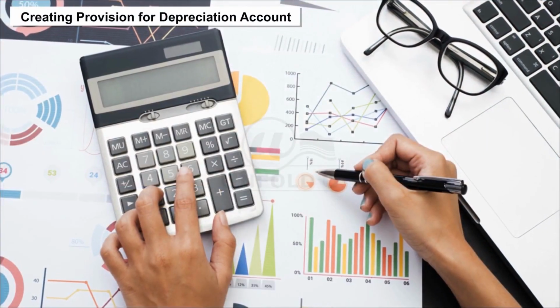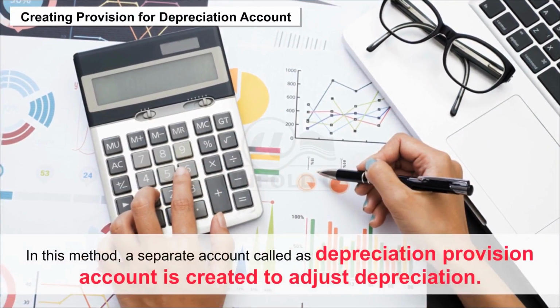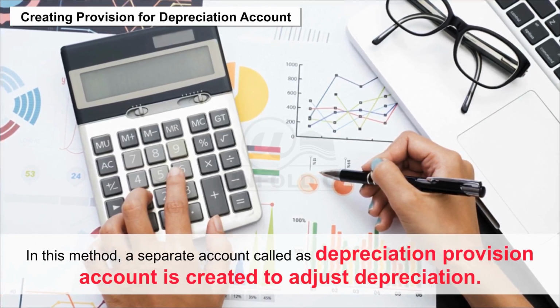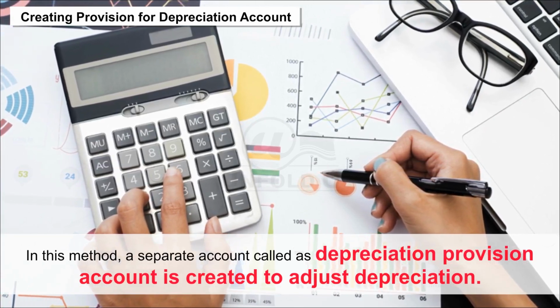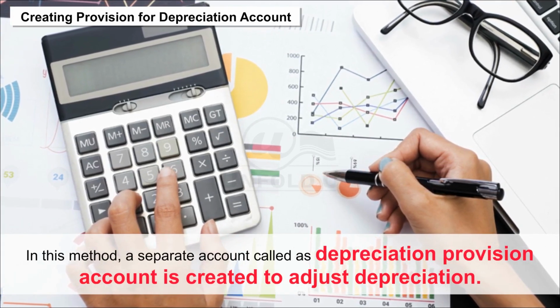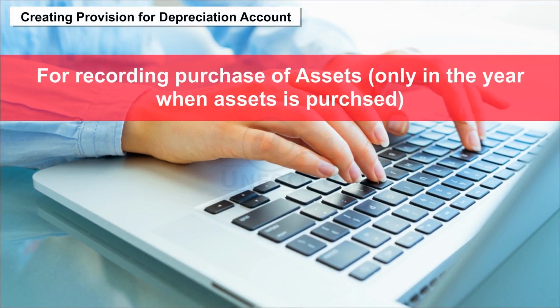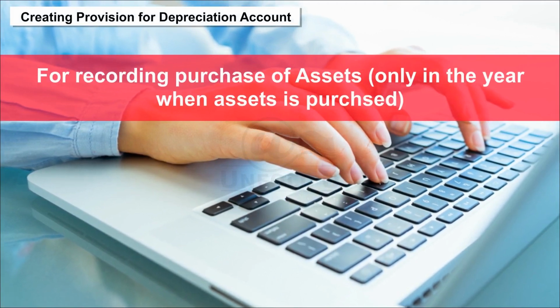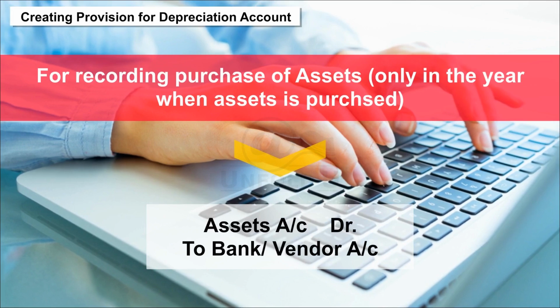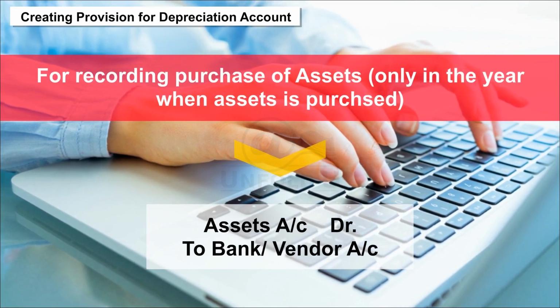Creating provision for depreciation account. In this method, a separate account called depreciation provision account is created to adjust depreciation. The entries in the journal would be for recording purchase of assets only in the year when assets is purchased, assets account debit to bank or vendor account.